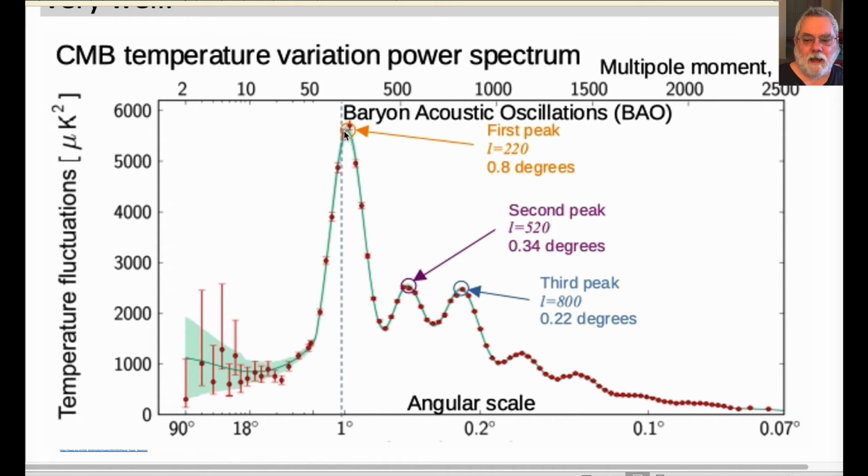The size now of the region corresponding to this angular scale of the first peak is about 200 megaparsecs, large enough to include galaxy superclusters and cosmic voids.